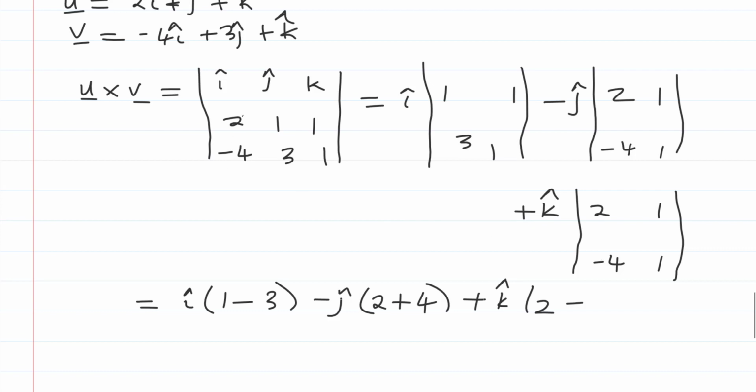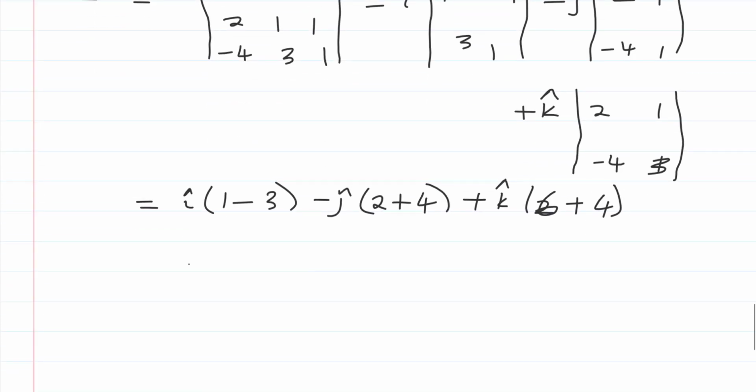The k matrix is 2, 1, negative 4 and 3, so that was a mistake earlier. 2 times 3 is 6, minus negative 4 times 1, which is negative 4, times the negative makes positive 4. So finally our vector is 1 minus 3, we get negative 2, so negative 2i. 2 plus 4 is 6, so minus 6j, plus 10k.